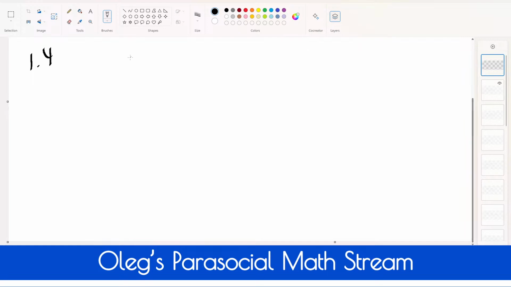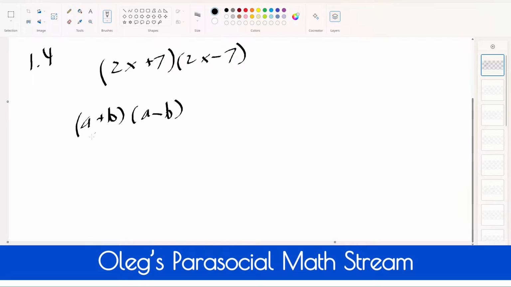So then we have 2x plus 7 and then 2x minus 7. What is our form? We have a plus b and a minus b. I'm going to say let a be 2x and b be 7. So let's do that. The result is a squared minus b squared.